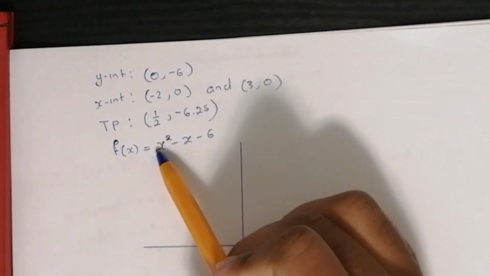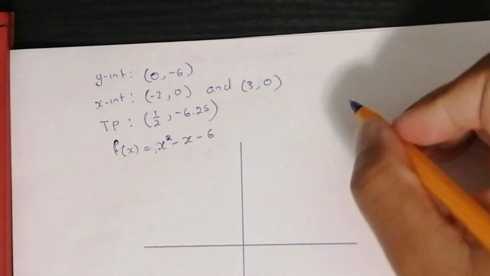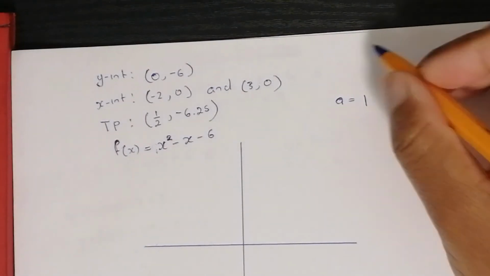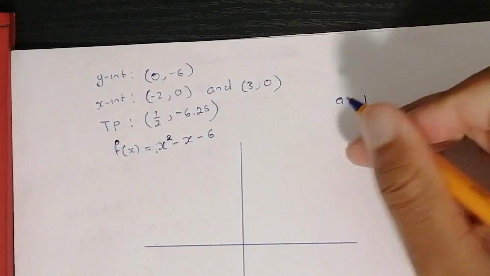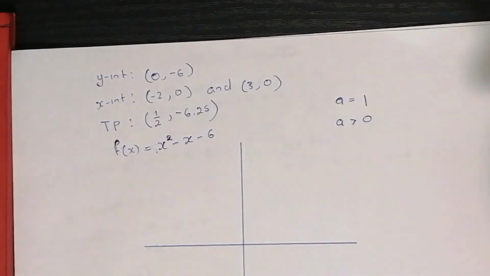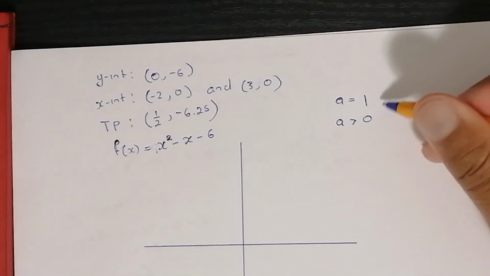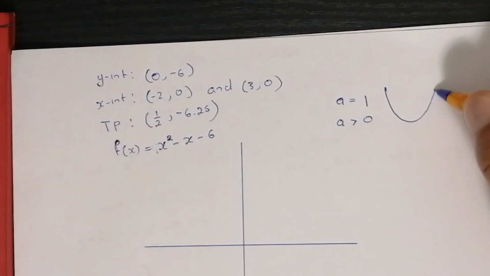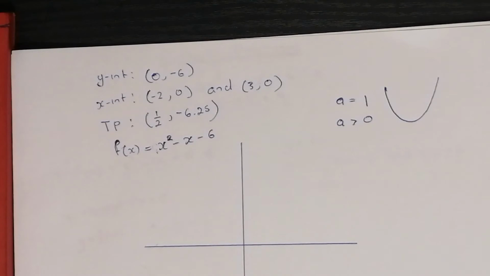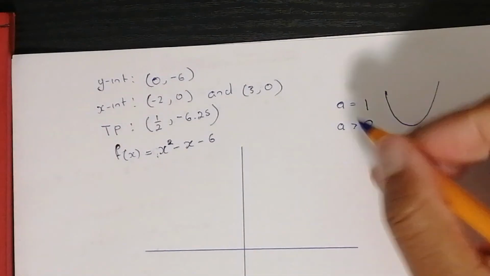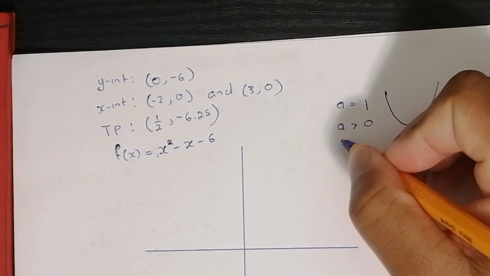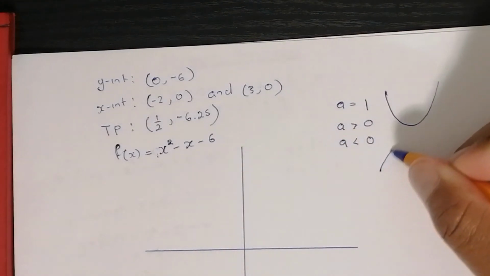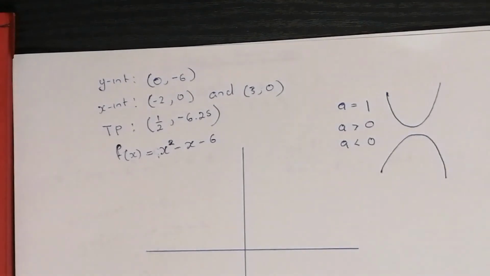Firstly, you look at the sign of a. So we had that a equals 1. If a is greater than 0, then the shape of our graph is going to be like this, opening at the top, and if a is less than 0, we're going to have a graph that's like this, right?